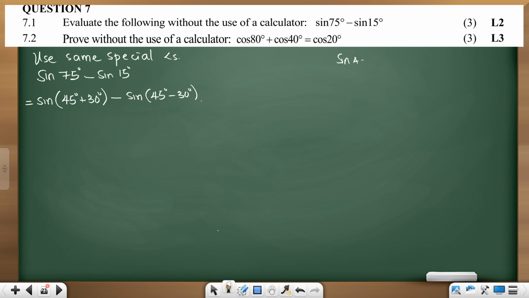Sine A plus B is sine A cos B plus cos A sine B. And what is sine A minus B? Sine A cos B minus cos A sine B.